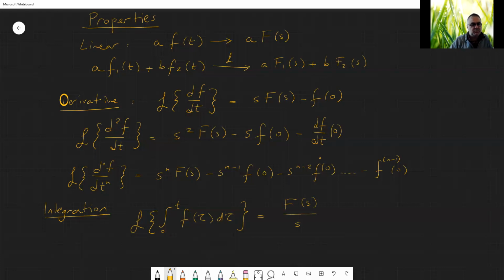This is nice because differentiation means multiplying by s. Integration means, in the Laplace domain, dividing by s. They are the opposite operations.